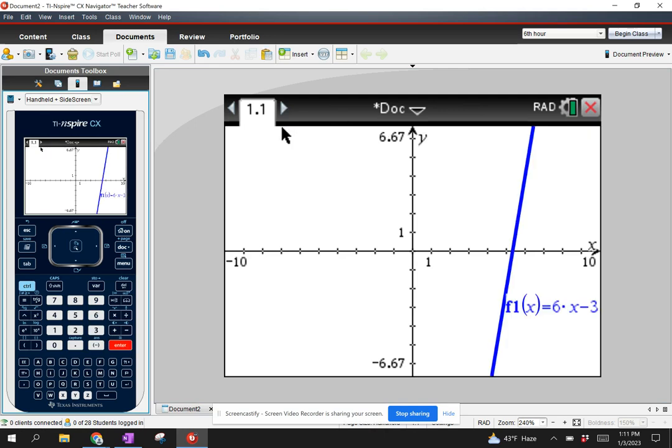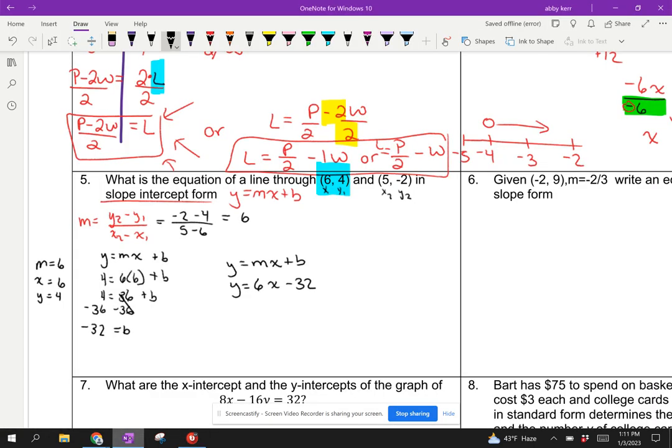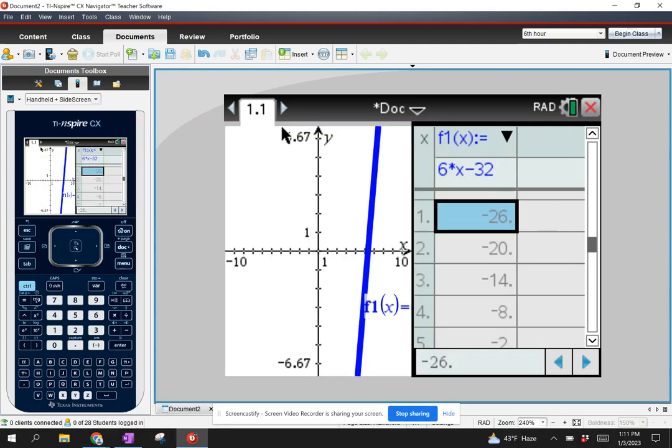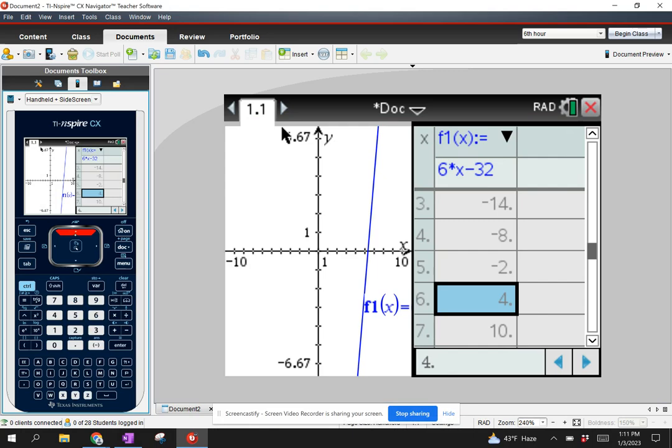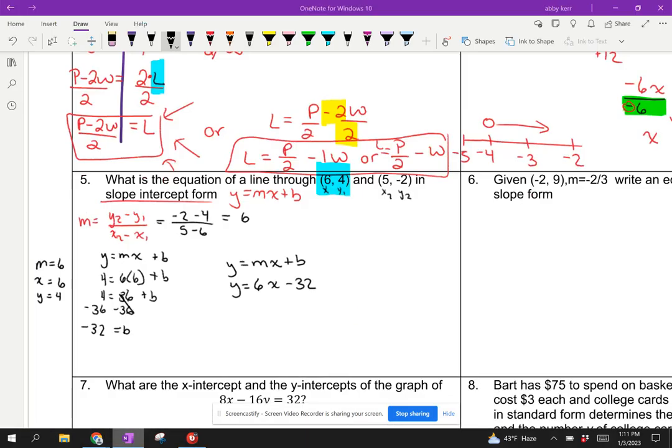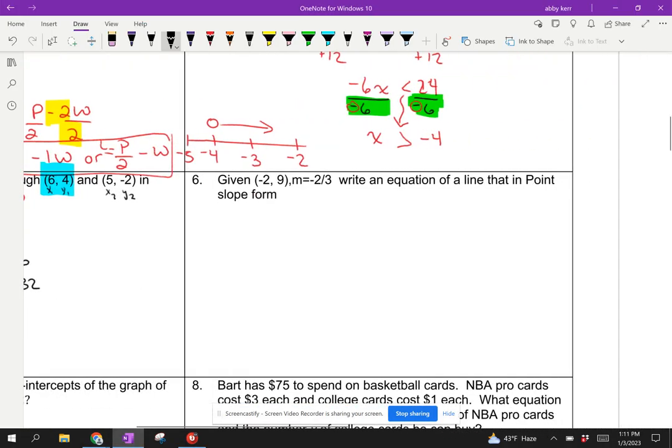Now we don't actually want the graph or need the graph, it's the table. So I was given (6, 4), so (6, 4) is on my table. And then I was also given (5, -2), and (5, -2) is on my table. So we know that we are correct.